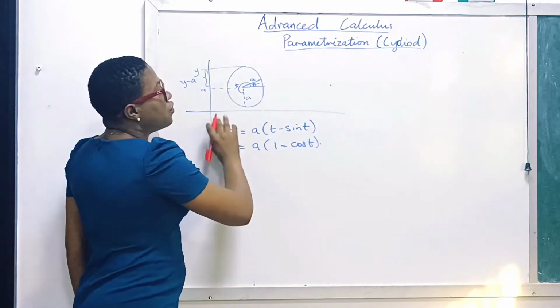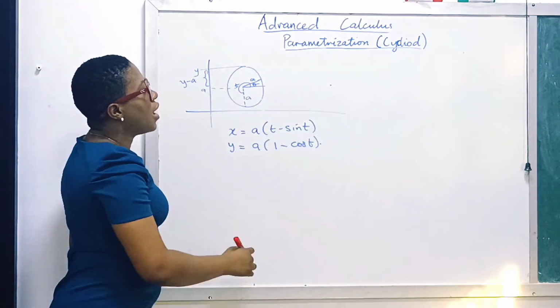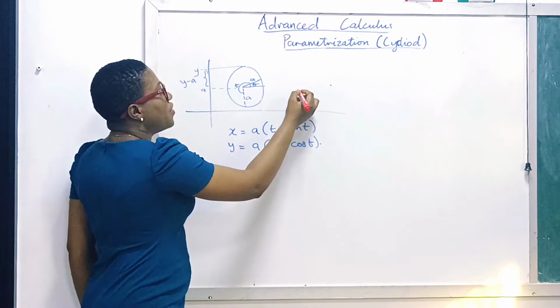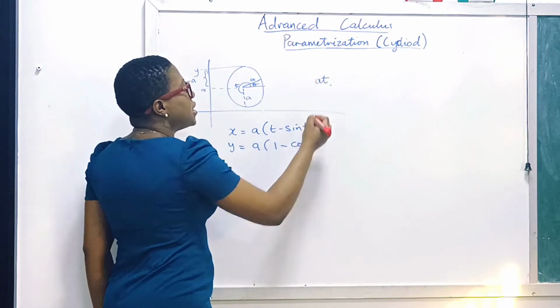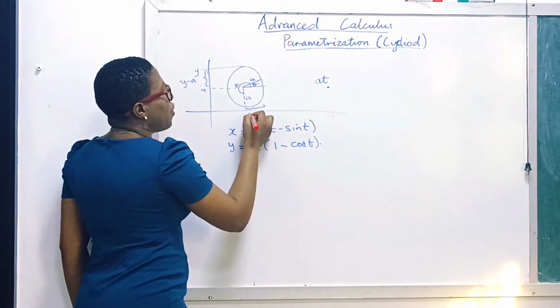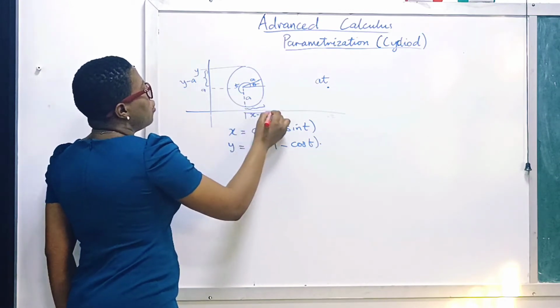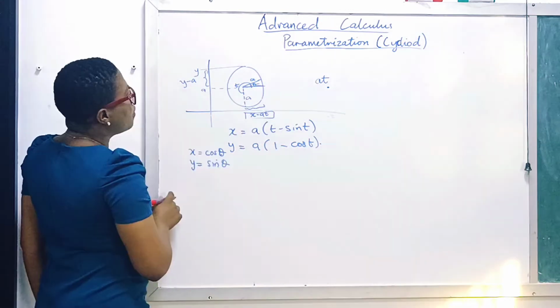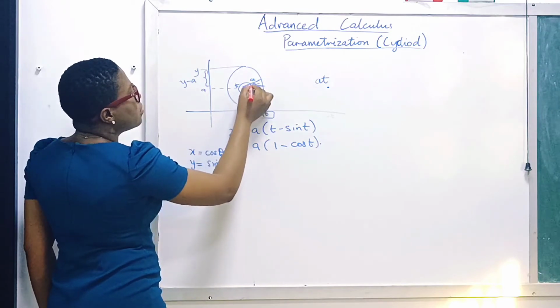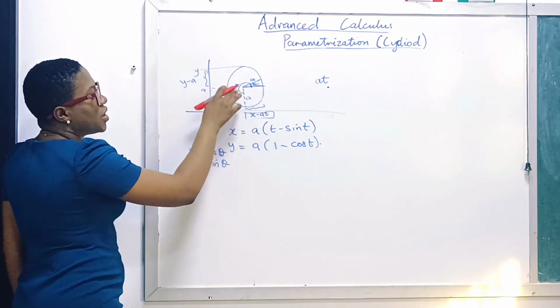And then if you check for the equation of the arc, you will see that the arc is A t. This place will give you x minus A t. Then you use that to solve. The next thing is to get what theta is with respect to t.